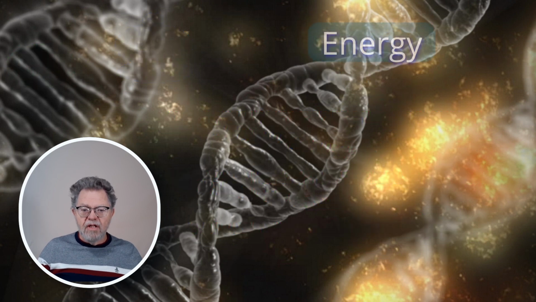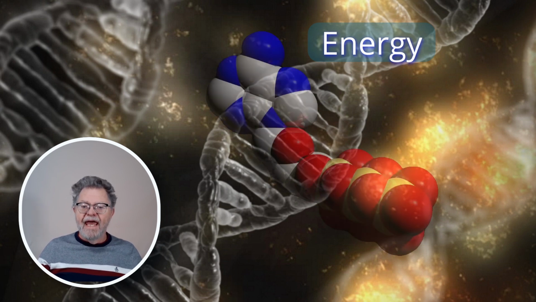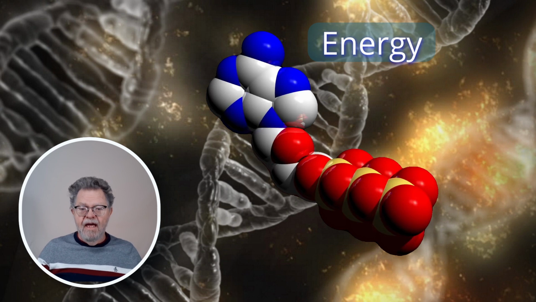So let's have a quick look at the energy subsystem of the cell. You may remember that we considered hydraulics and pneumatics when building the von Neumann probe. We settled on electricity, but there are other options. Biology settled on ATP. ATP provides chemical energy for all of the energy-intensive functionality of the cell.